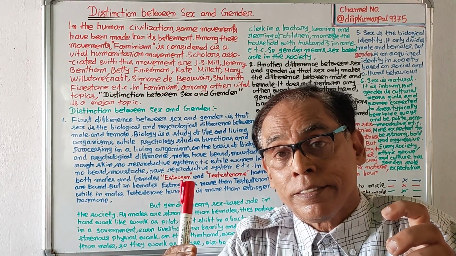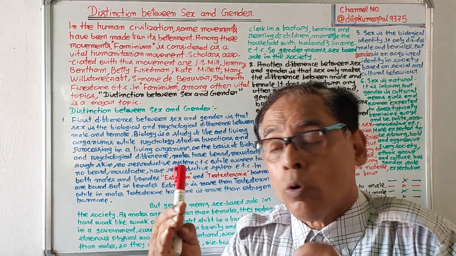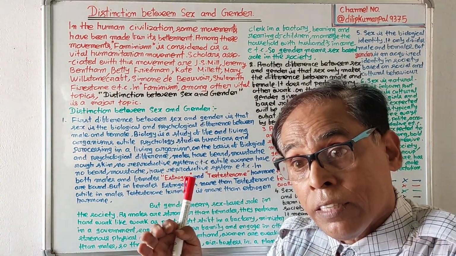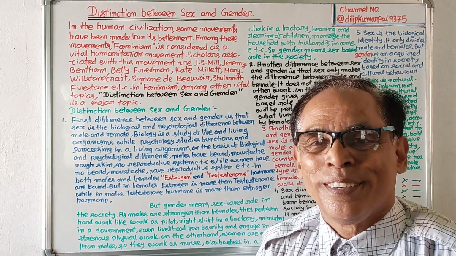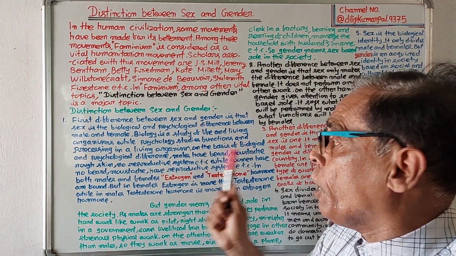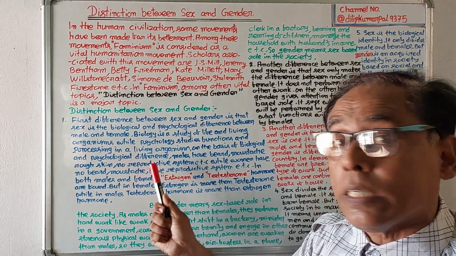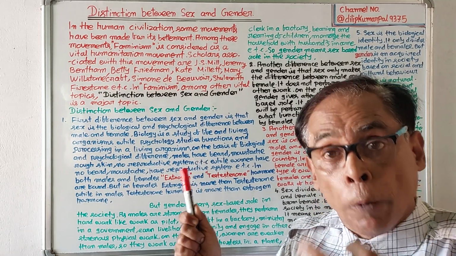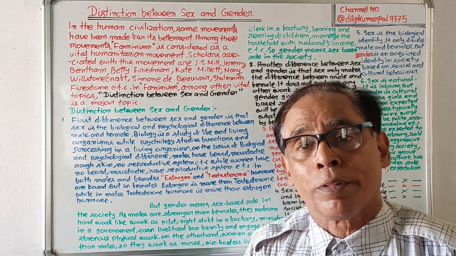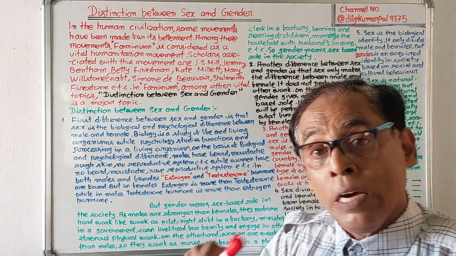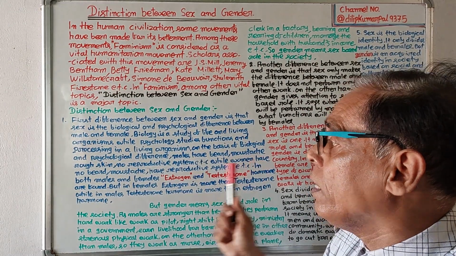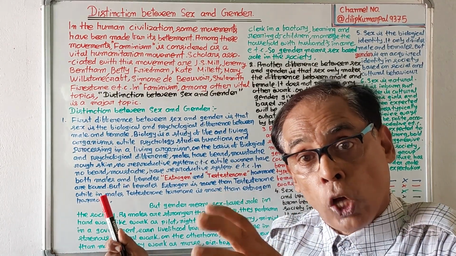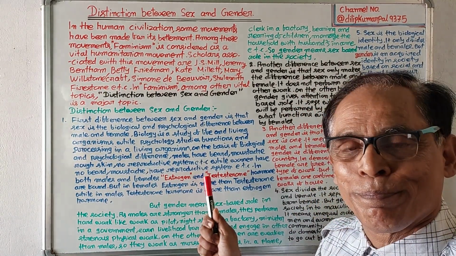Physiology studies how living organisms function and their processes. On the basis of biological and physiological differences, males have beard, mustache, rough skin and no reproductive system. They cannot give birth. On the other hand, females have no beard, no mustache, soft skin and a reproductive system.